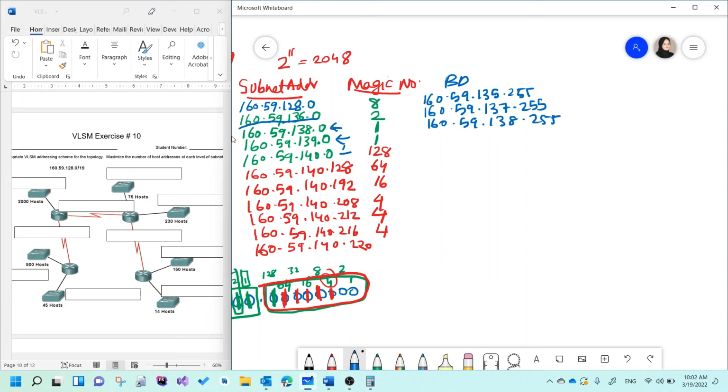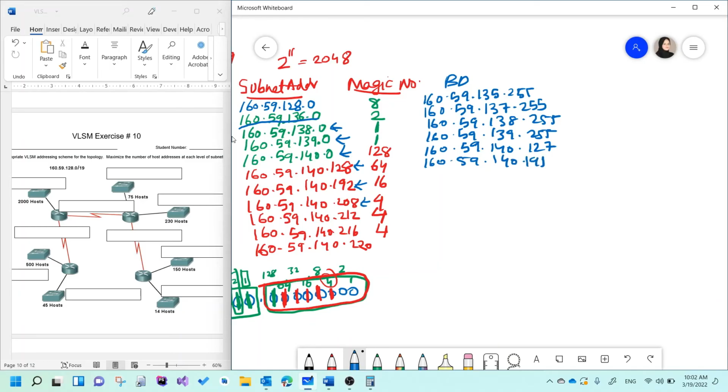The next one is this. So you would write 160, 59, 139.255. The next one is this. Here you need to remove from the fourth octet now. So 140 and then 127. Here it would be 160, 59, 140, 191.